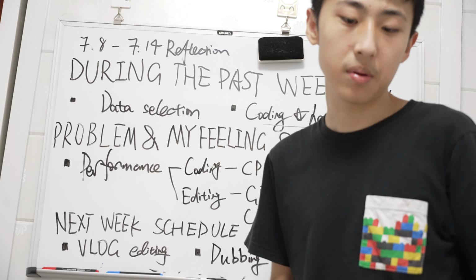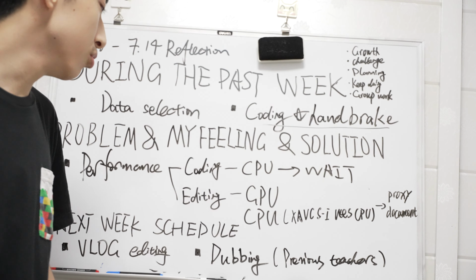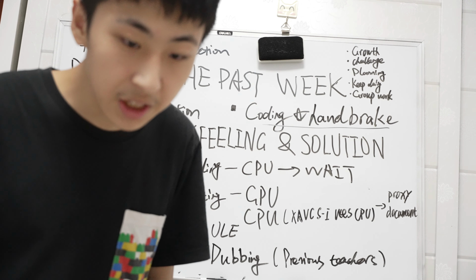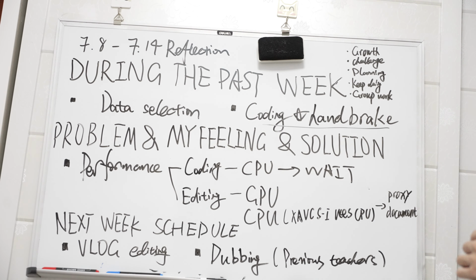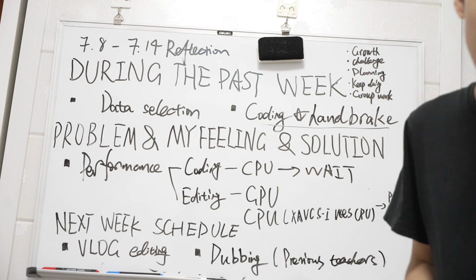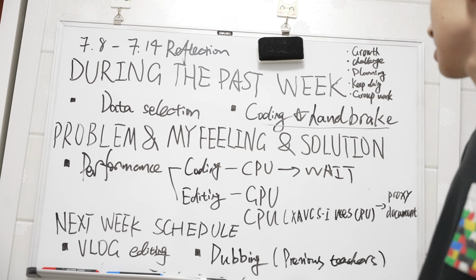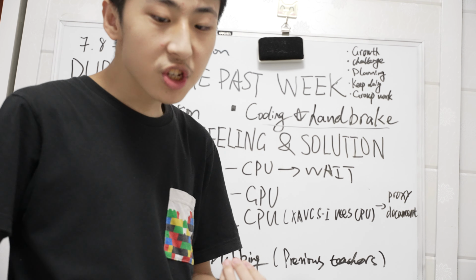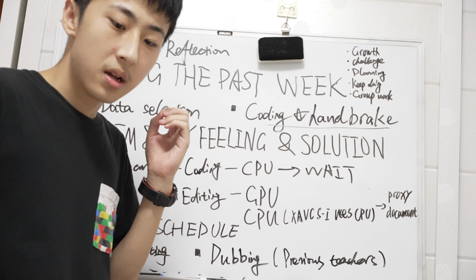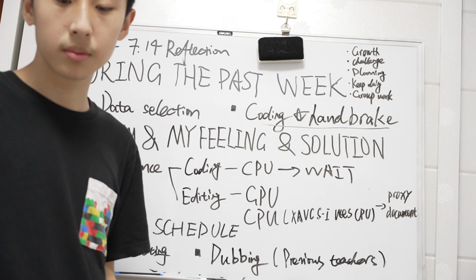Next is the editing problem, for the GPU and CPU. As you all know, editing mainly uses GPU. However, my Sony camera has a big problem: its coding format, XAVC S, uses CPU to do the decoding, which means the main work is on the CPU as well.